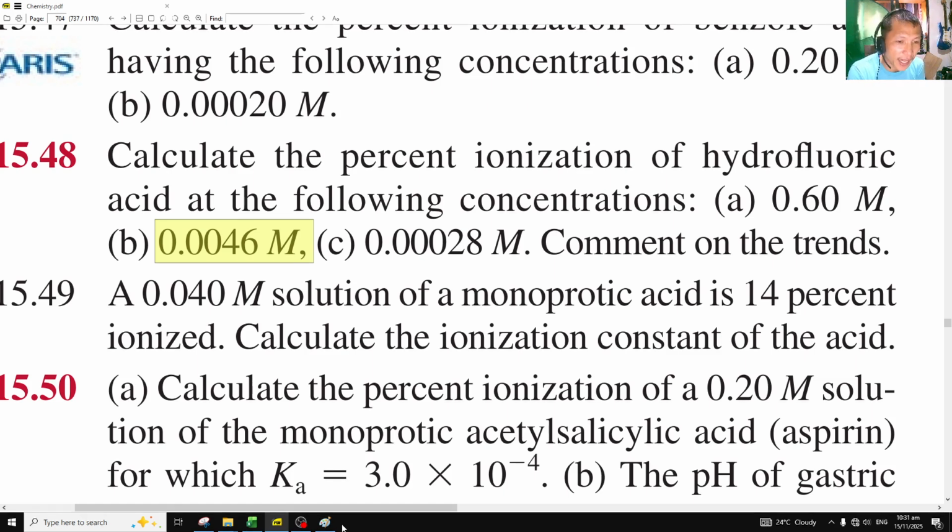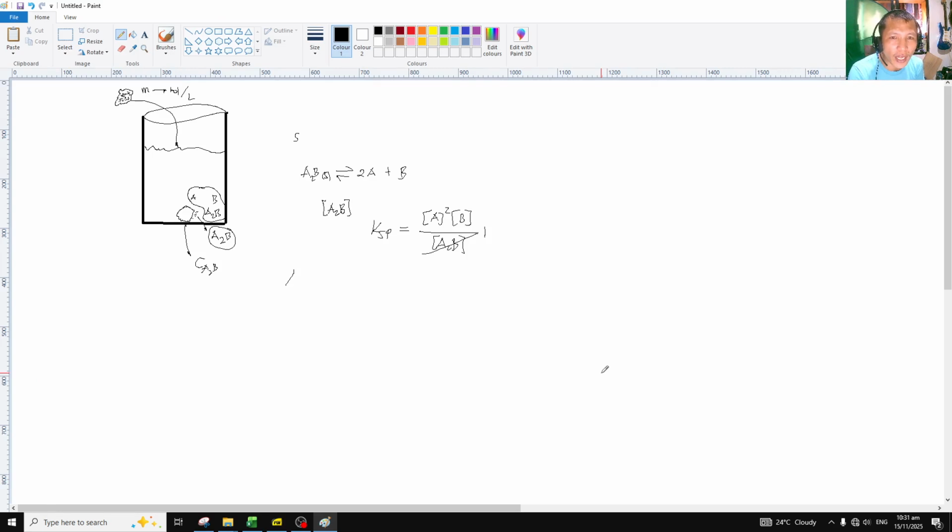Acids and bases are a different case. Hydrofluoric acid, HF, has H plus and F negative. You have a reaction with water, as acid-base, you have to react it with water.